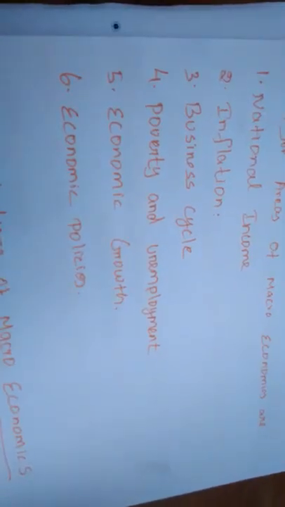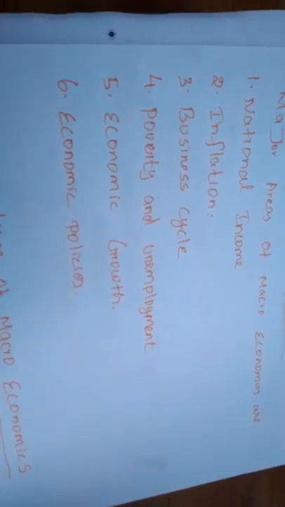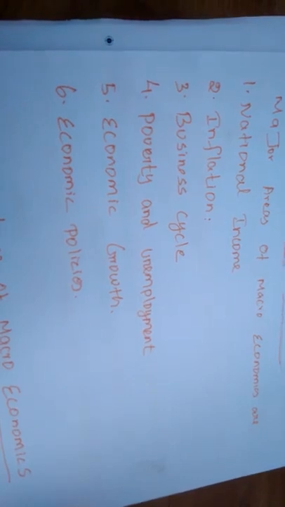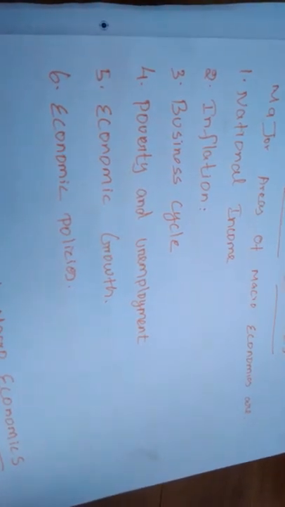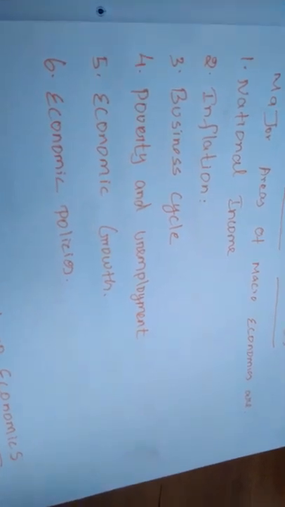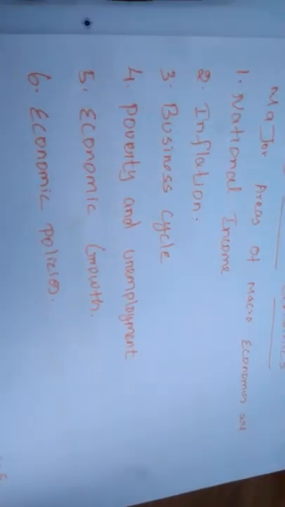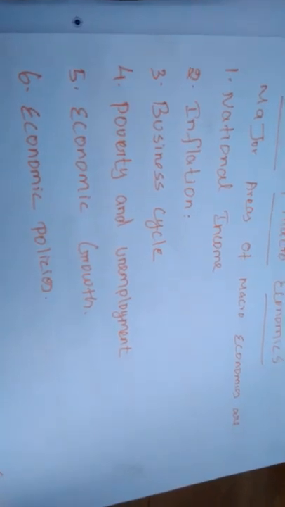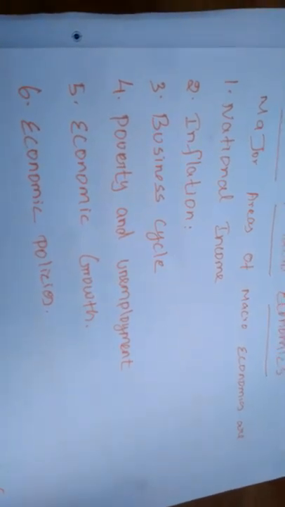A clear understanding about the magnitude of poverty and unemployment facilitates allocation of resources and initiating corrective measures. These corrective measures are also taken through macroeconomic analysis. Another area of macroeconomics is economic growth. The growth and development of an economy and the factors determining them could be understood only through macroeconomic analysis.